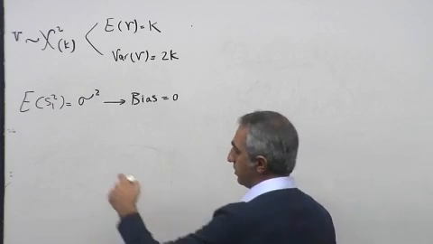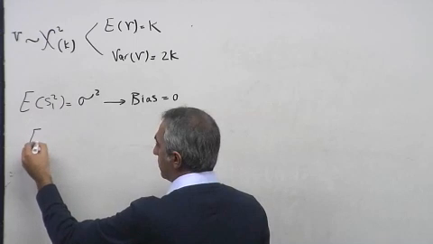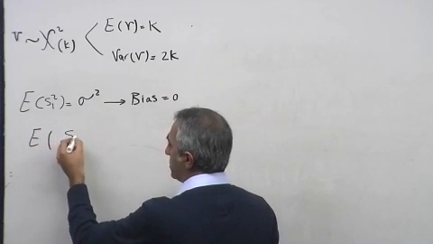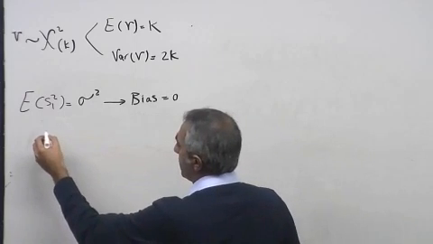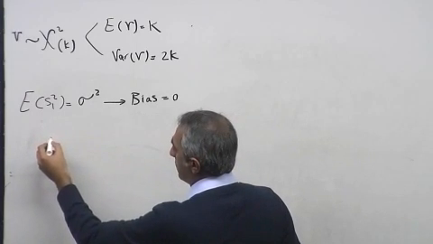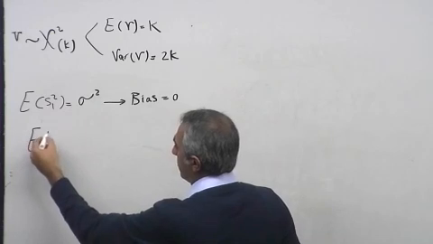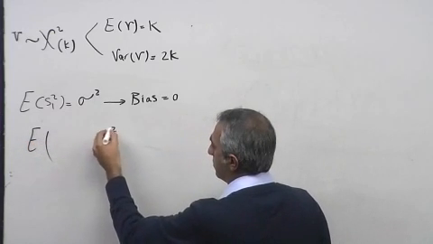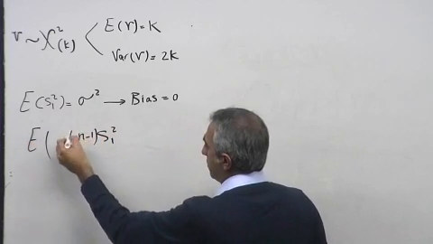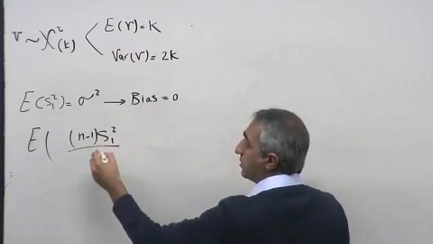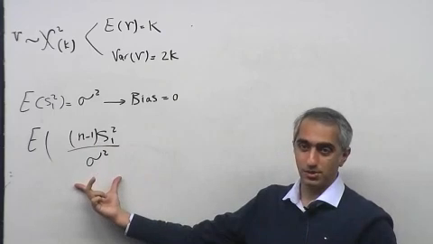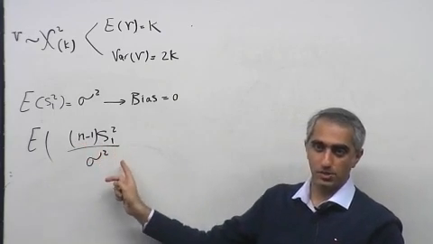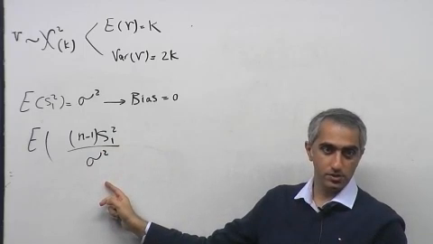Actually, if we want to show that, I can write this down as this. I want to use this guy, so I'm trying to make this a chi-square distribution. You remember n minus 1 S squared divided by sigma squared is a chi-square distribution?